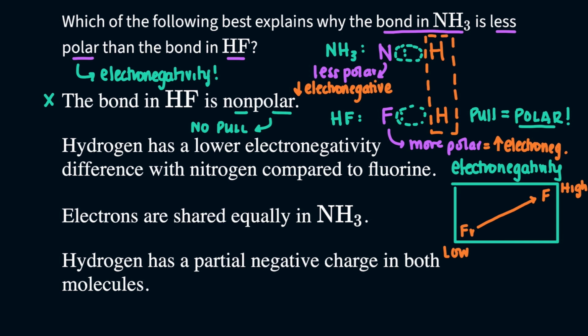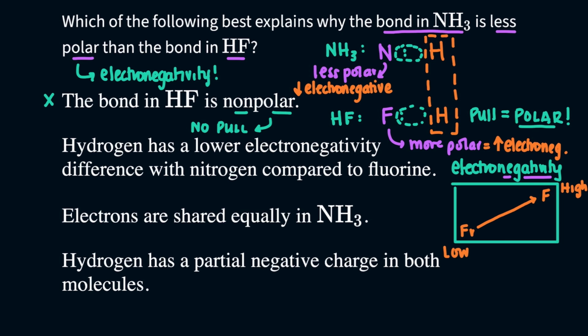Now, just know that when you pull the electrons, you get partial charges, partial positives and partial negative charges. And just know that the one having the highest electronegativity is going to be the one that is more partially negative. The word is literally in the word electronegativity.